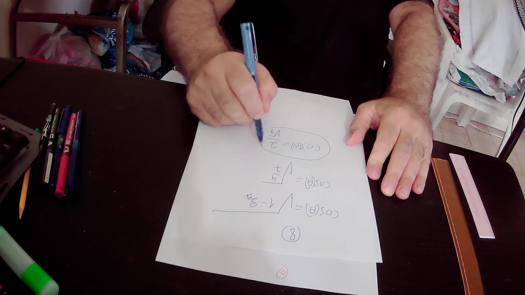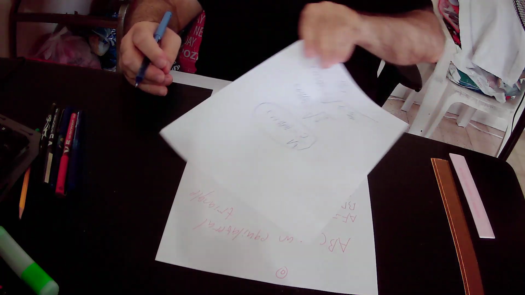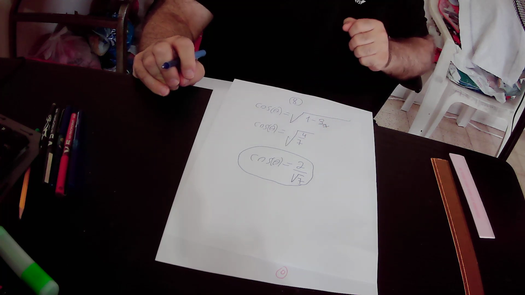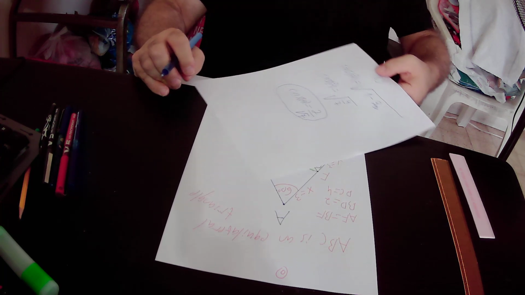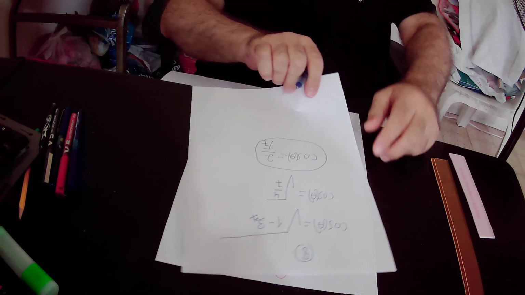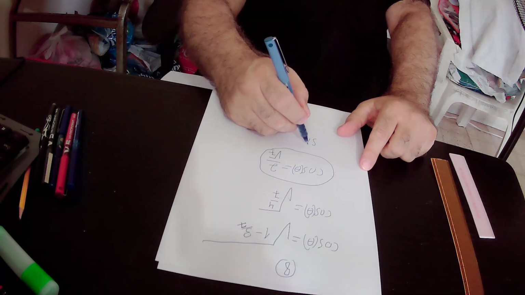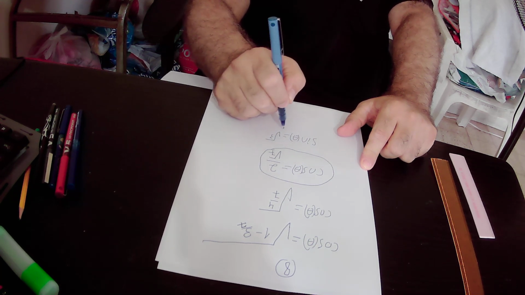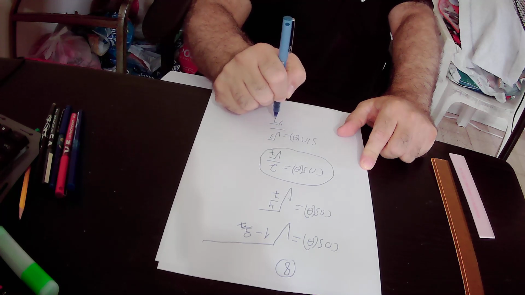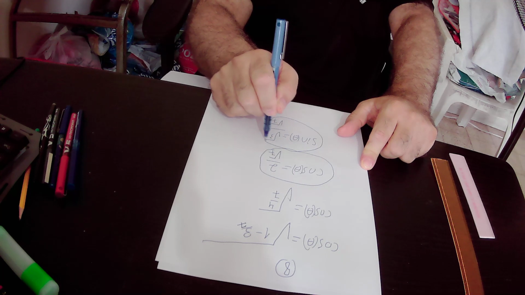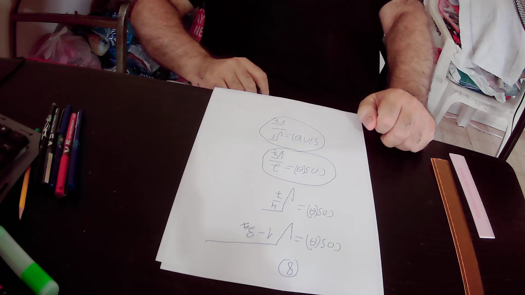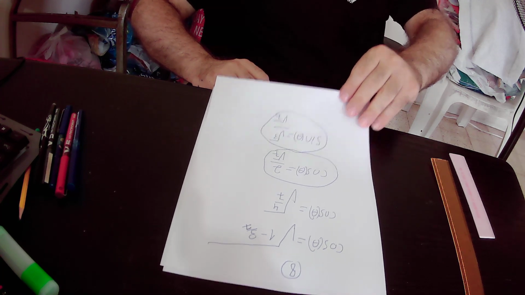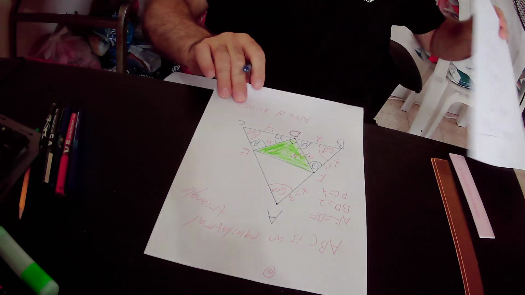So we got the value of cosinus theta: cosinus theta equals to 2 over root 7. And we have already found out the value of sinus theta. We know that sinus theta equals to the root of 3 over root 7. So we got the values of cosinus theta and sinus theta.